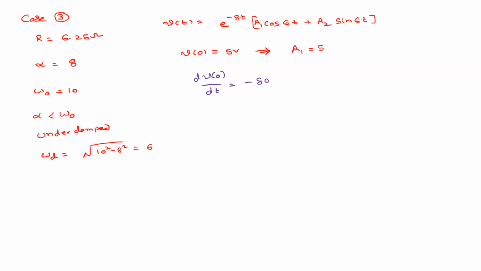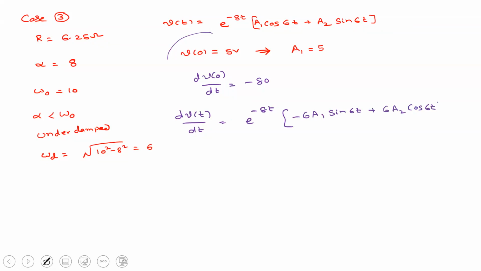Right, so do the differentiation. The first step is to differentiate this one. It's slightly tricky, but it's easy, right? You can do it. Minus e to the power of 8t. The first term gives minus 6a1 into sine 6t plus 6a2 into cos 6t.